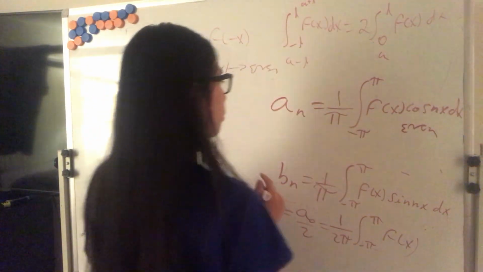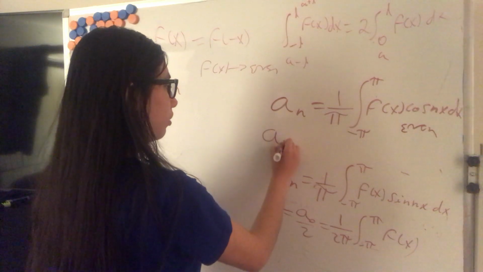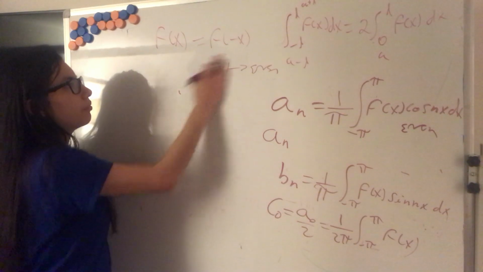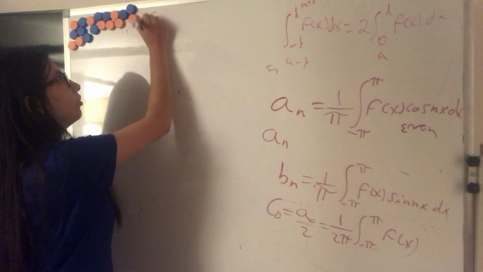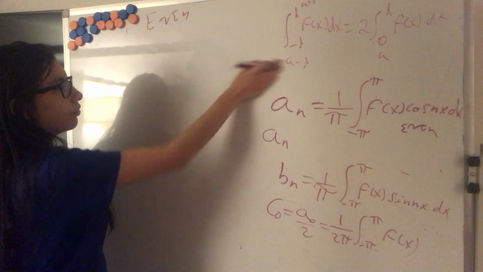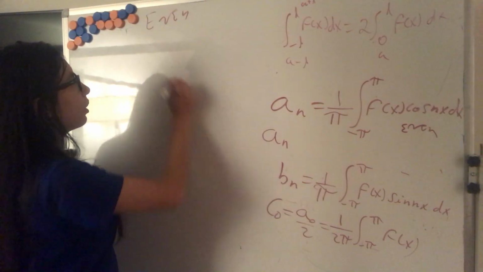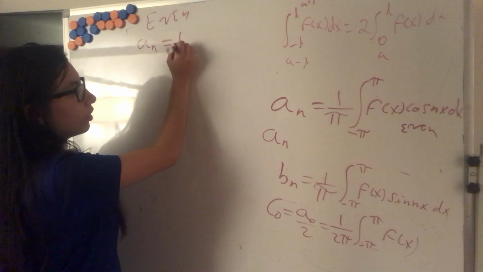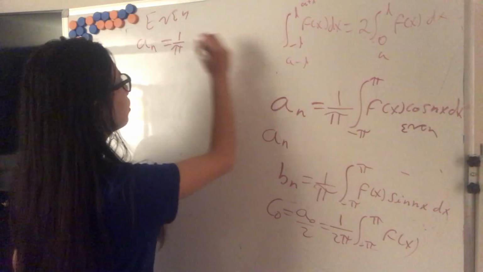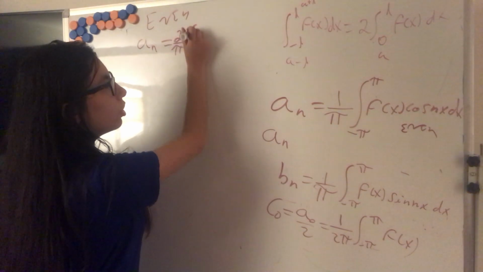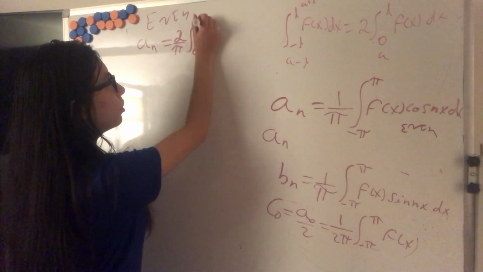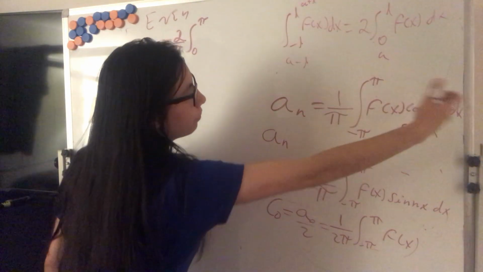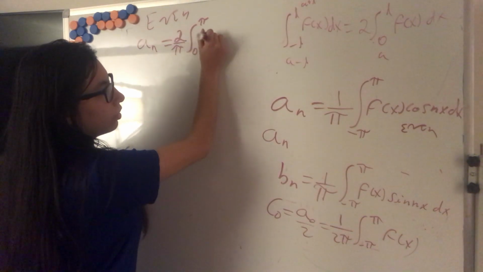So for an even function, the Fourier a sub n coefficient would be 1 over pi times 2 times the definite integral from 0 to pi of this even function, whatever even function it be.